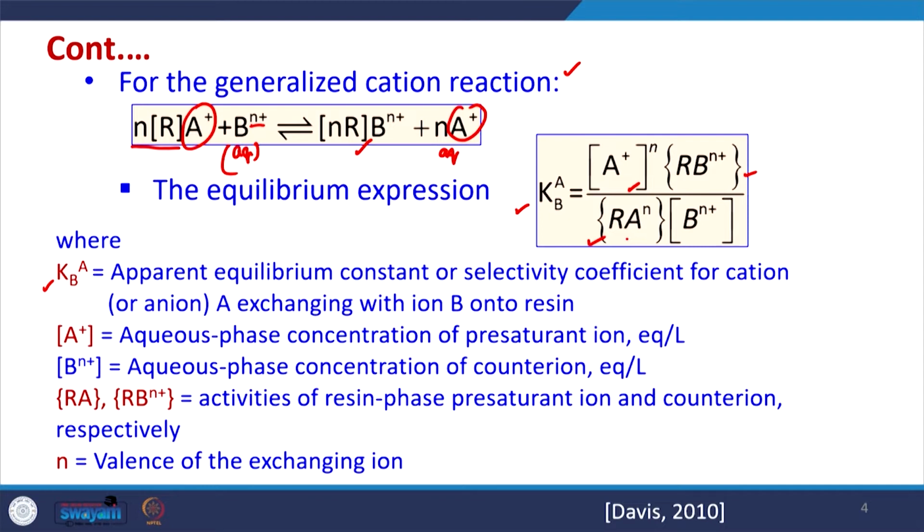A plus is the aqueous phase concentration of pre-saturant ion, that means the ion which was earlier present in the bead itself, in terms of equivalent per liter.